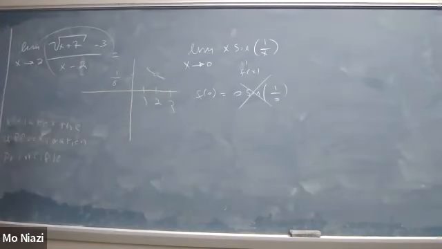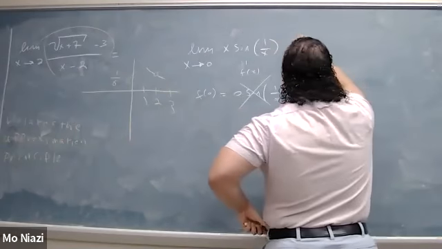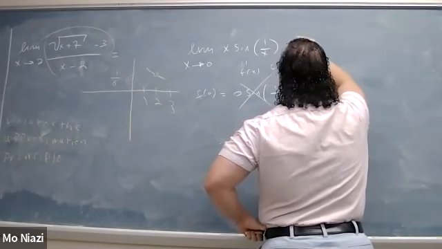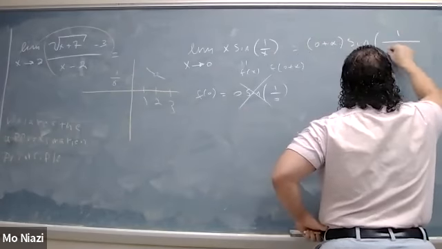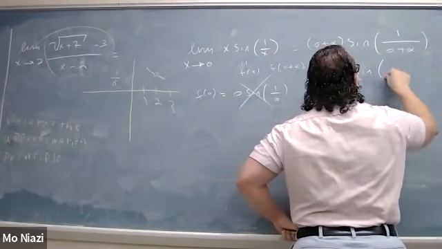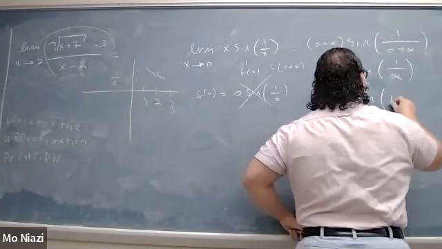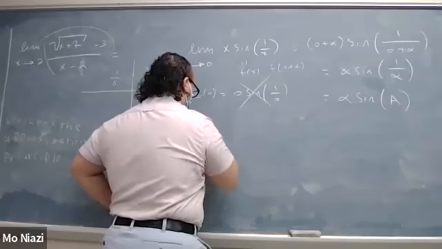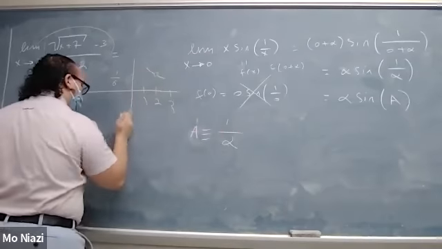Okay. So let's try to use the limit idea. The limit as x approaches 0. It's just like evaluating the function f of 0 plus alpha, right? So this becomes 0 plus alpha sine of 1 over 0 plus alpha. So this just becomes alpha sine of 1 over alpha. This is the same thing as alpha sine capital A, which capital A, if you recall, is defined to be 1 over alpha.